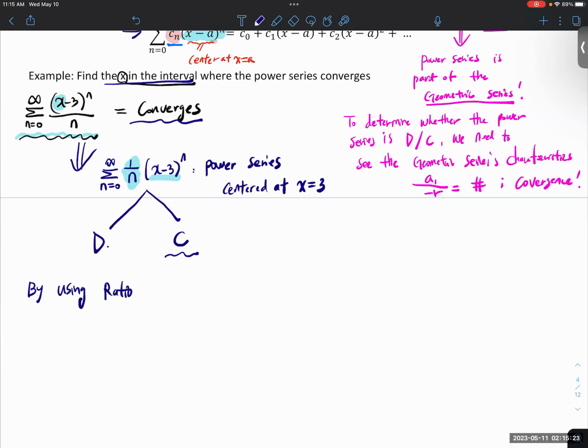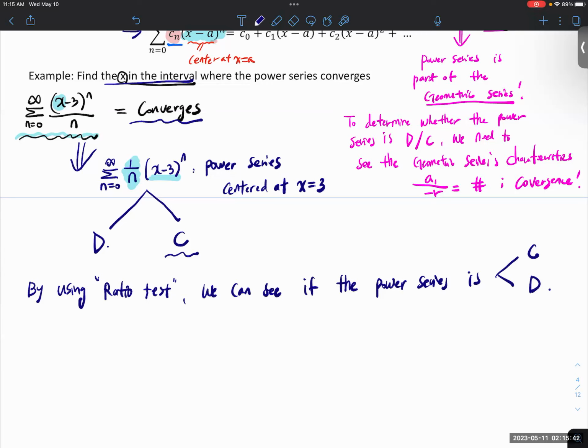I hope you don't forget the ratio test. By using the ratio test, we can see whether the power series is convergent or divergent, correct?